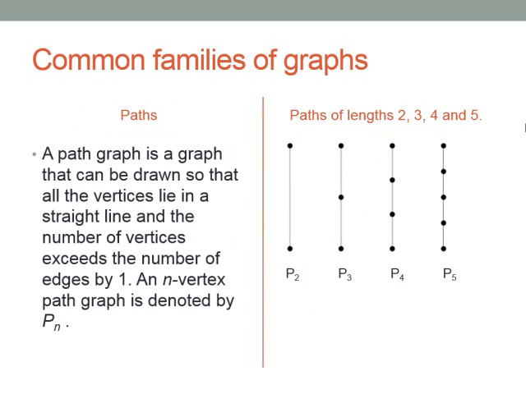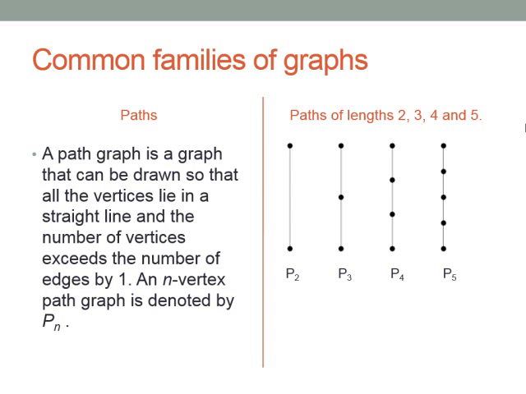A path is a special class of graphs, and a path is a graph in which all of the vertices can be drawn in a straight line such that there's exactly one less edge than there are vertices.